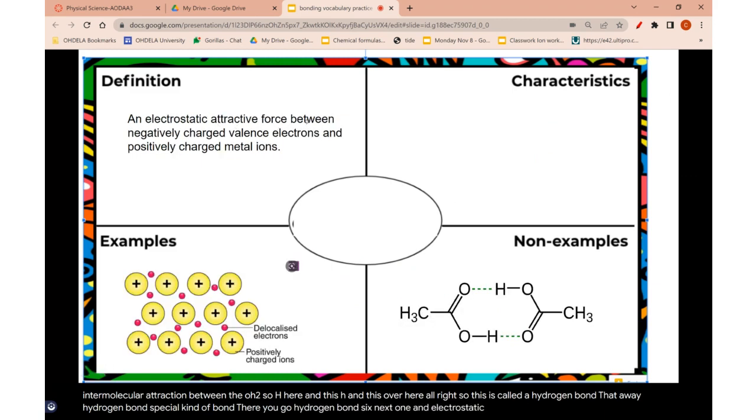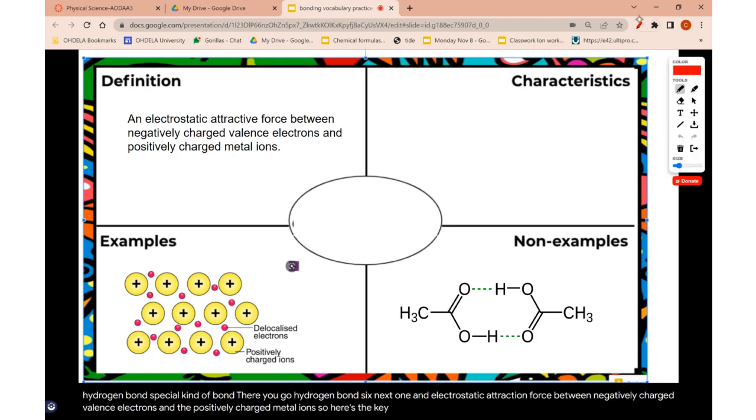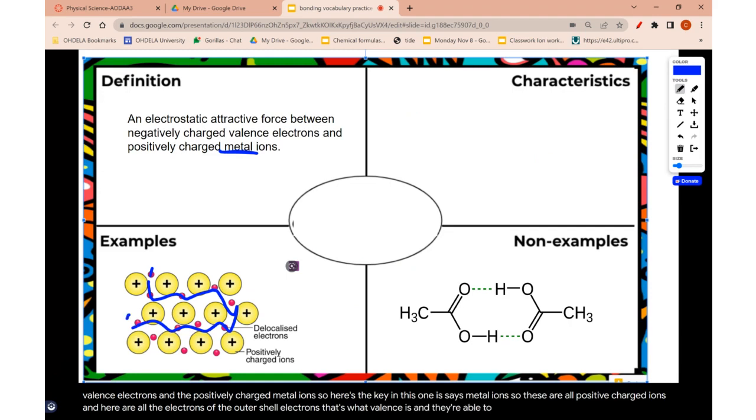Next one. An electrostatic attraction force between negatively charged valence electrons and the positively charged metal ions. So here's the key in this one. It says metal ions. So these are all positive charged ions. And here are all the outer shell electrons. That's what valence is. And they're able to move where they want to. All right, so electrostatic means that there's a positive and negative attraction between these.